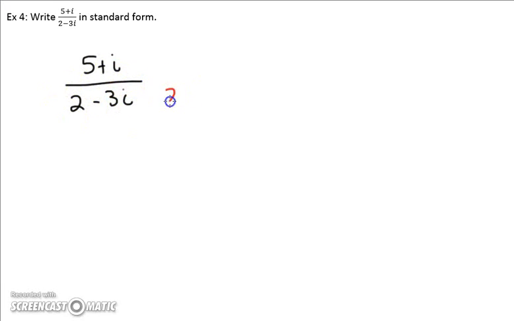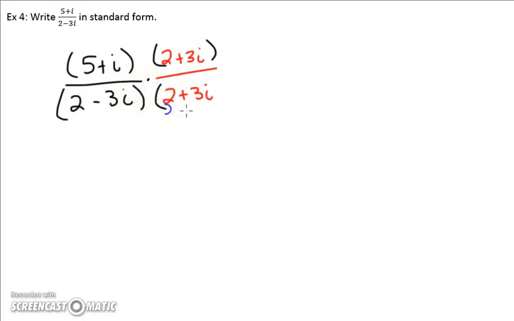The conjugate of the denominator would be 2 plus 3i. We're going to multiply by 2 plus 3i in the numerator and the denominator. If you think about it, 2 plus 3i divided by 2 plus 3i is really just 1, so we're multiplying by 1. We're going to change the look of this thing without actually changing the value. It'd be like multiplying by 4 over 4.